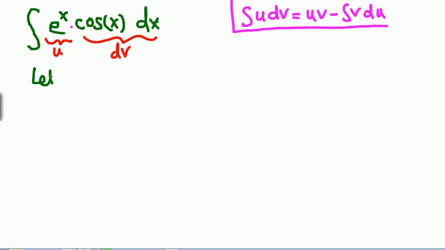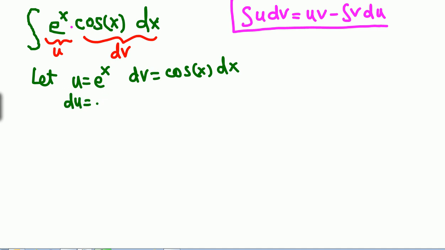So let u be e^x and dv be cosine x dx. Let's find the derivative du. du is just e^x dx. Find the antiderivative, so v equals sine x, and using the formula, u v minus the integral of v du.